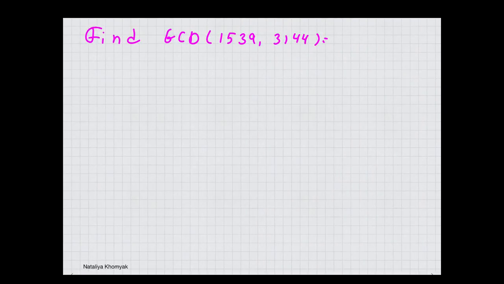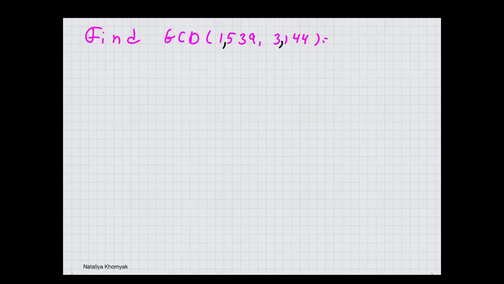Let's find the greatest common divisor of 1539 and 3144. Now 1539 is not large enough to be rewritten in terms of 3144.